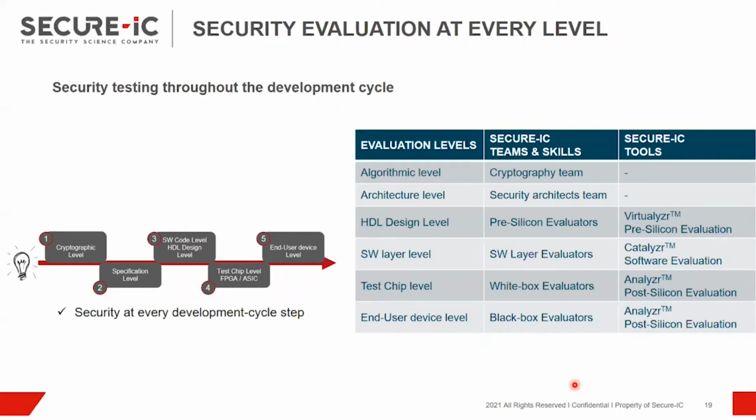It means that at every development step, some security evaluation is ensured: at architecture, at pre-silicon level, for example on your RTL code to validate that the security level is well aligned with the expected specification, at software layer, of course, for the software part, and also on the final product.